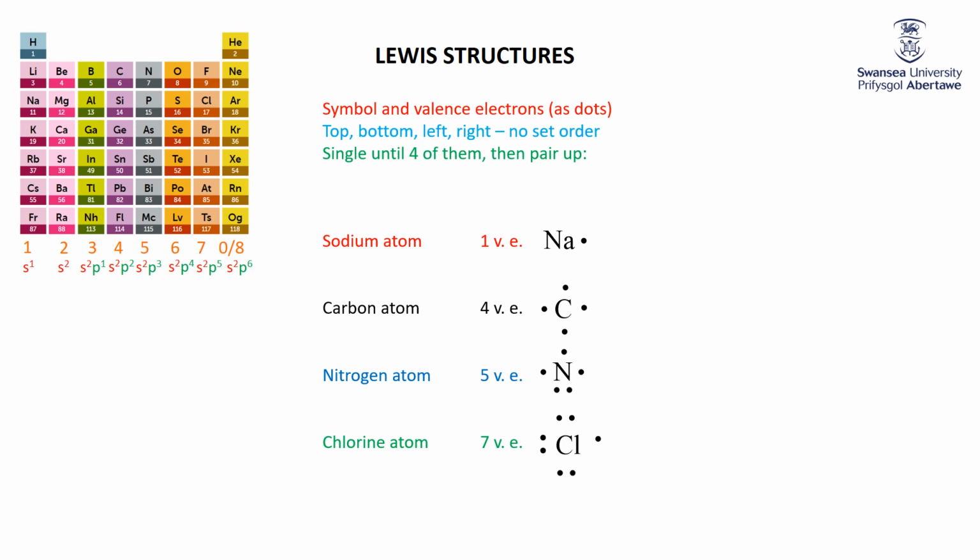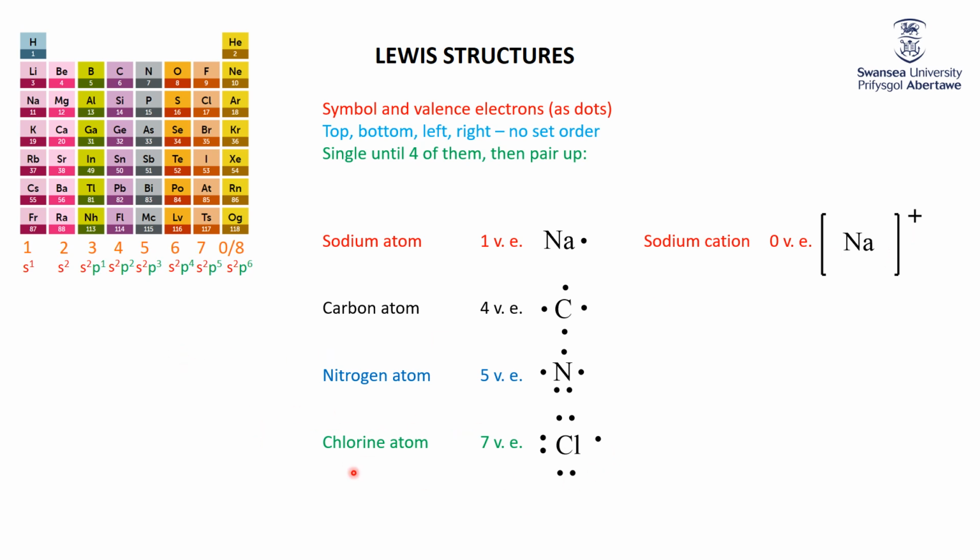It does become very important for polyatomic ions, as we might see later on. So anyway, sodium atom wants to lose that 1 valence electron to make the sodium cation, which therefore by definition has 0 valence electrons. So the Lewis structure of this would just be Na with no dots, but just to indicate that it's a charge, if we're going to be correct with it, we'll put it in square brackets with a little plus sign.